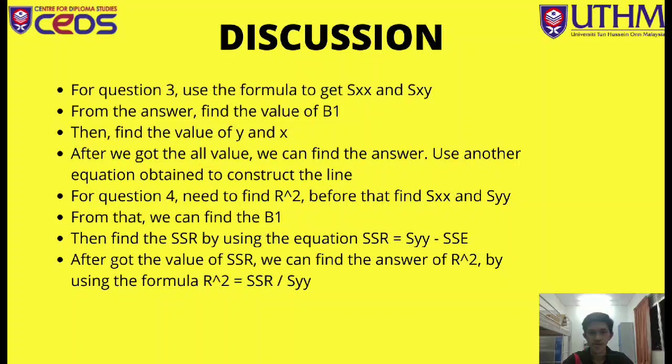First, we find the value of SSE. After getting the value of SSE, we should find the SSR. And then finally, we can solve for R power of 2. We got 0.0563 as the final value for R power of 2.